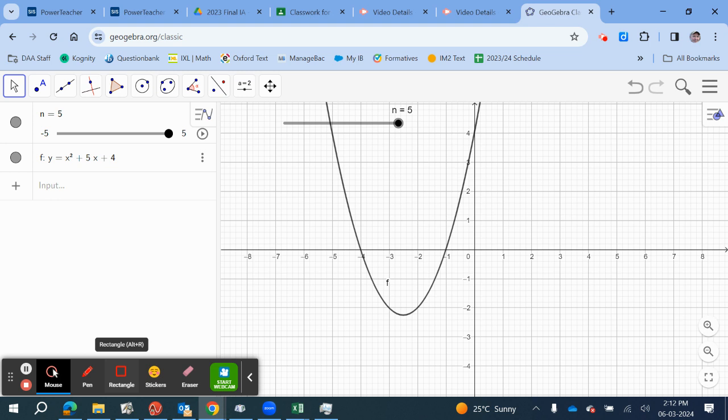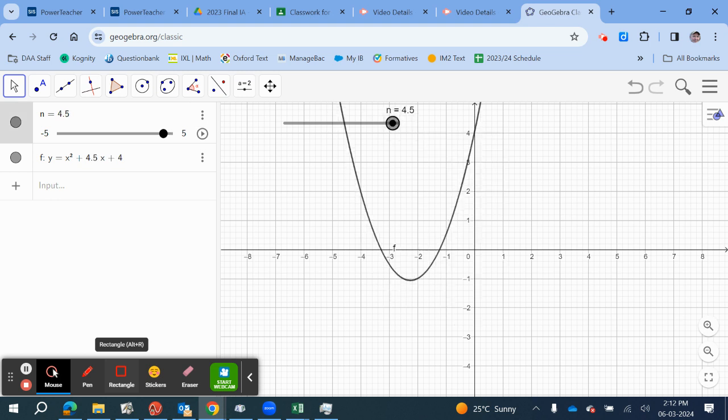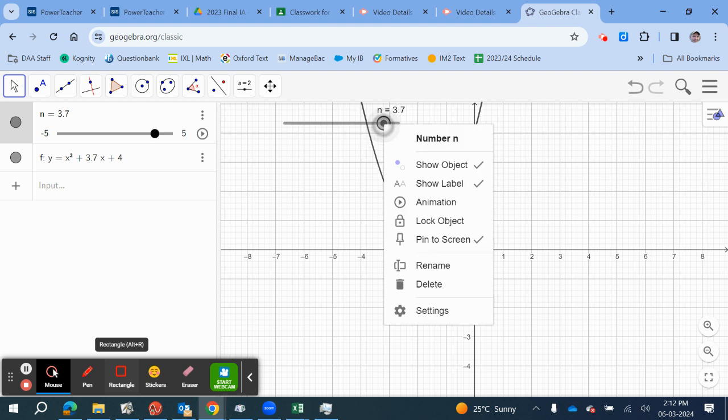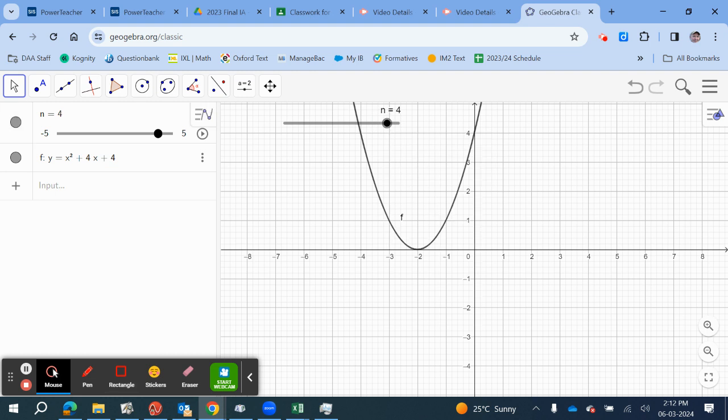Watch as I make this smaller. How many solutions does it have now? That's 1. Anything less than 4, how many solutions do I have now? How many times does it cross the x-axis? Doesn't cross, no real solutions.